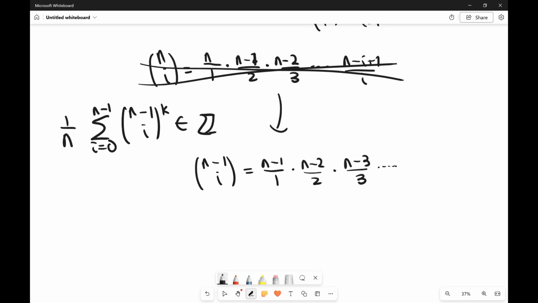Now let's take this modulo n. So this first term here, we have that it's n minus 1, so that's just negative 1. So that's equivalent to negative 1 times, then we have an n minus 2 over 2 term here. So that's basically n over 2 minus 1.